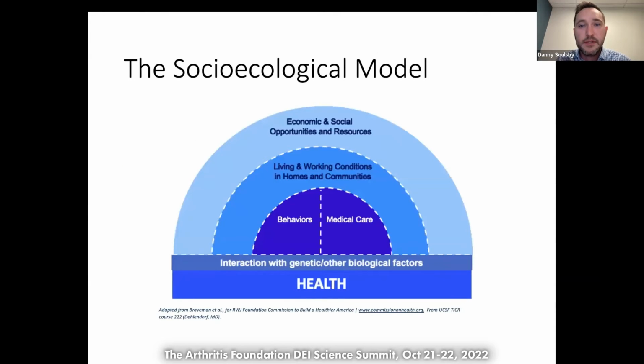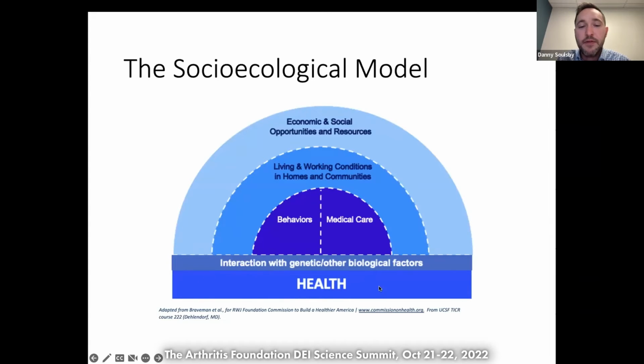So we propose the application of the socioecological model to understand these relationships in our study. This is just one example, from the Robert Wood Johnson Foundation. We see here at the base of this rainbow, I guess we'll call it, is health, of course.